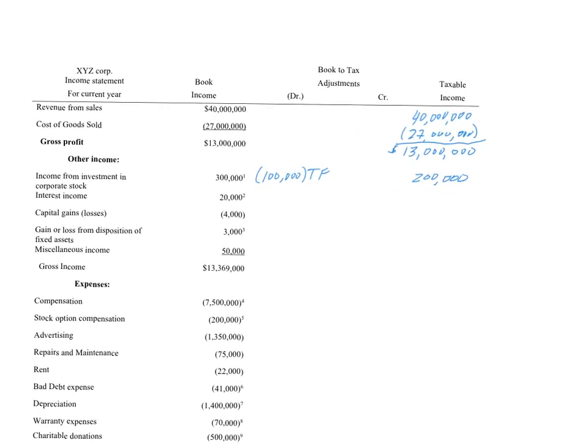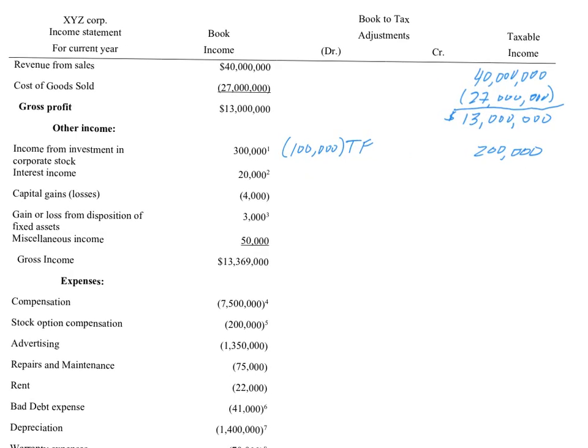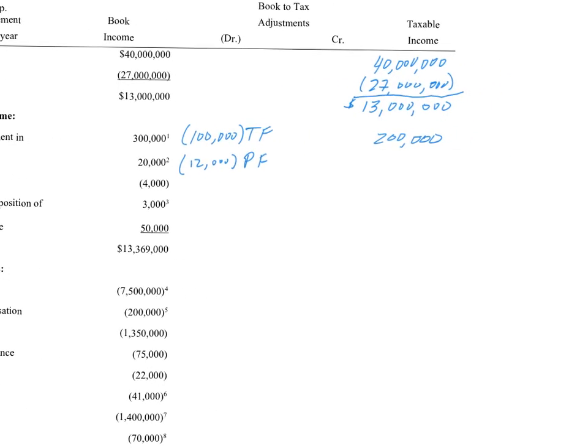All right, so next we have to deal with interest income. And there's a note on interest income as well, so let's go take a look at that. So let's find our interest income. And again, that is going to decrease our taxable, but this is going to be permanent and favorable. So what is that going to do? That's going to make our taxable interest income only $8,000.